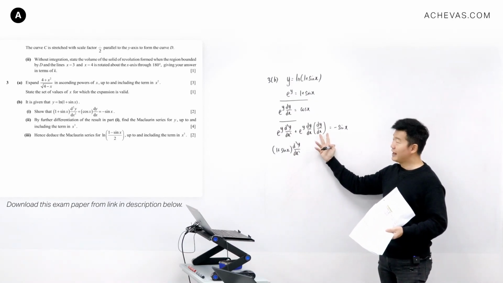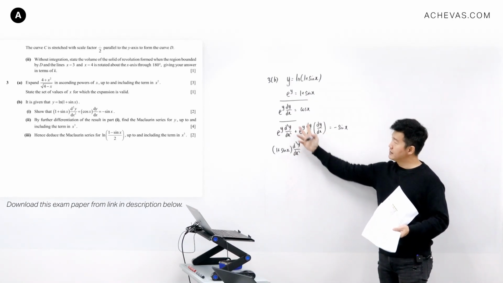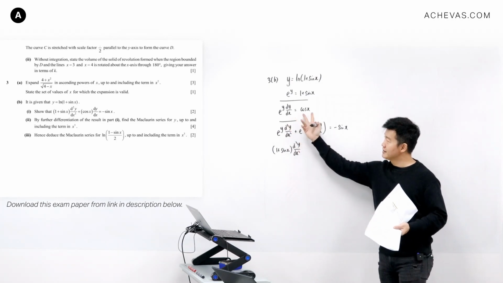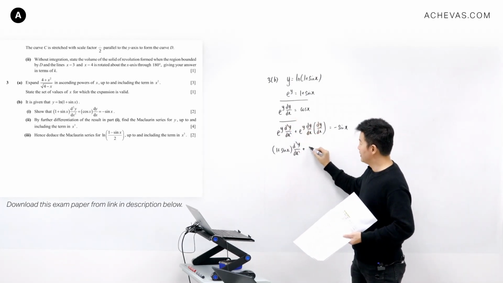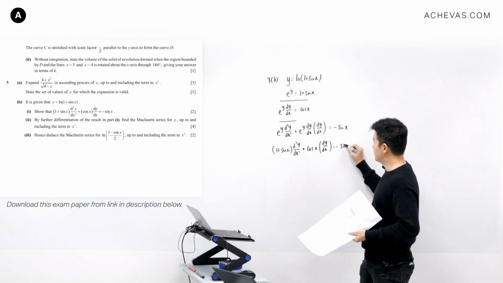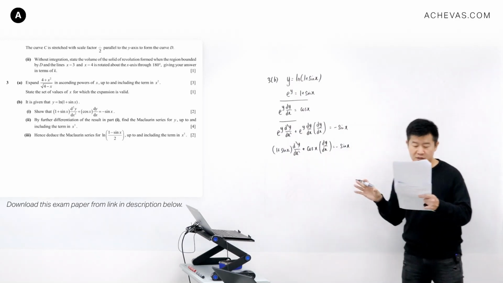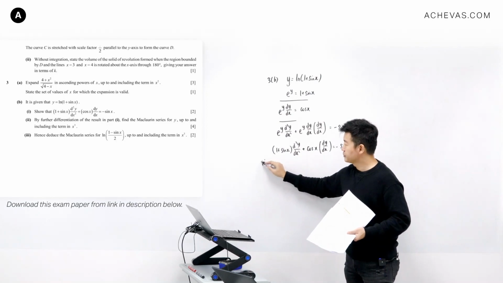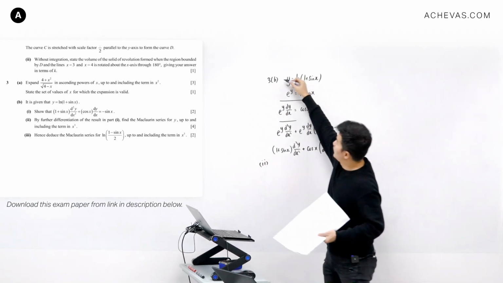So if I were to just retain one single dy dx for this, it is actually cosine x, okay? e to the power of y dy dx is cosine x. So this, I'm going to replace it by cosine x. Then we have our dy dx. This is minus sine x. Okay, this is what the question wants me to show, so shown. And this is part 1.